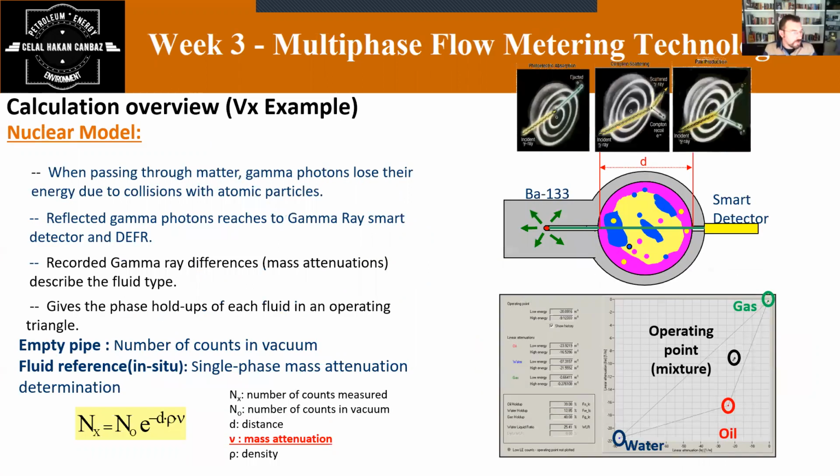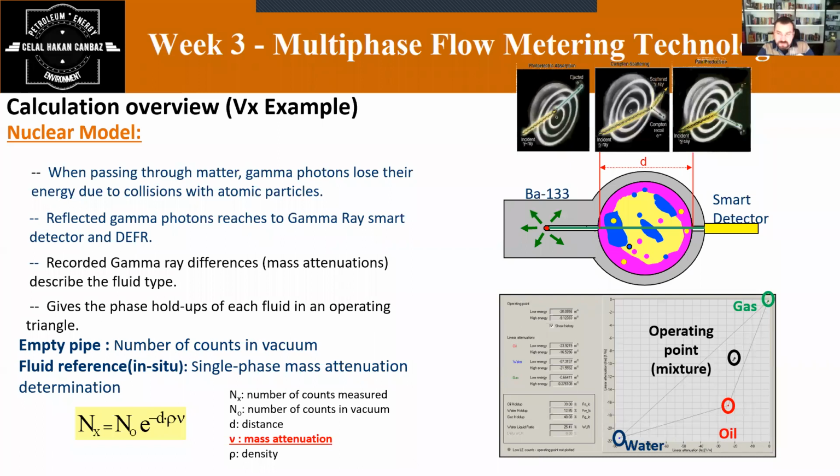So, what about the nuclear model? The nuclear topic is one that most petroleum engineers are not familiar with, but in terms of general knowledge, it's good to know, and I will try to explain.